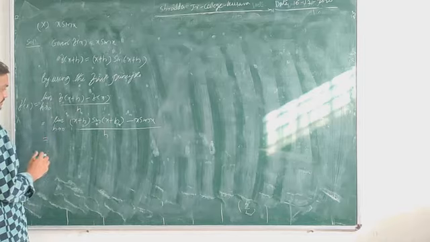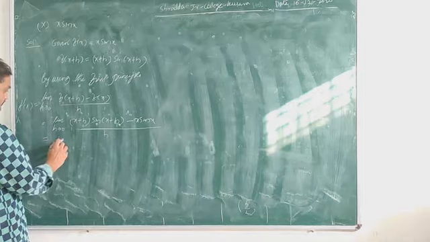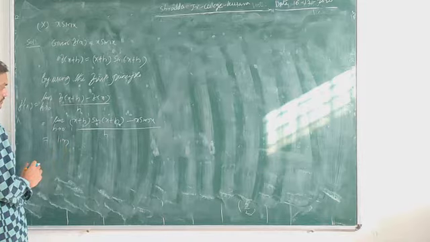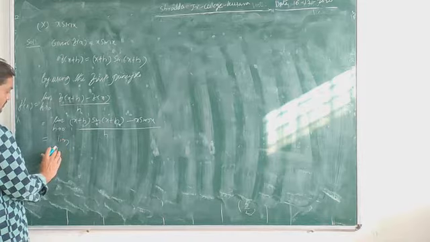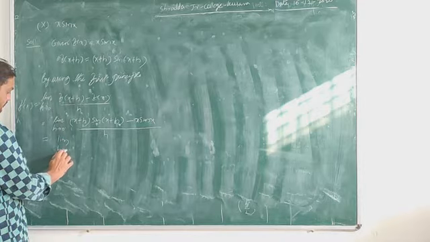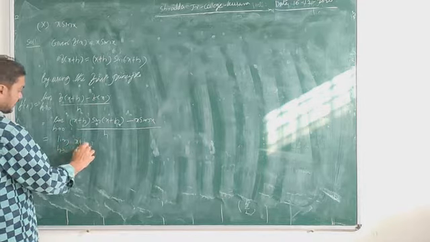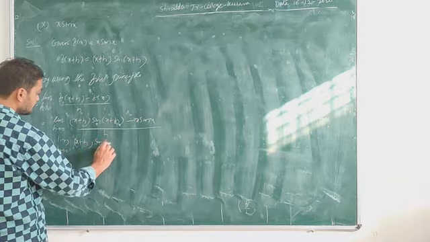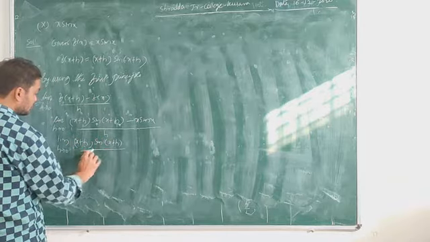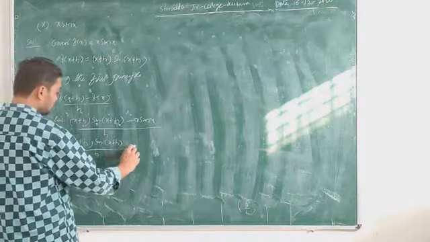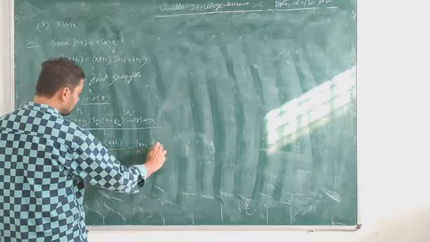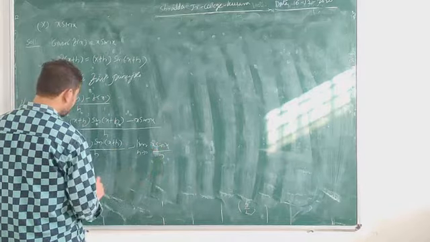Now see here. Limit h tends to 0, x plus h into sin of x plus h by h, minus limit h tends to 0, x sin x by h.